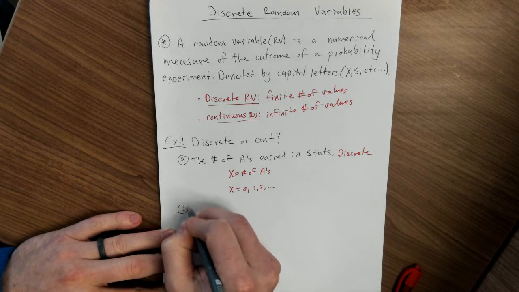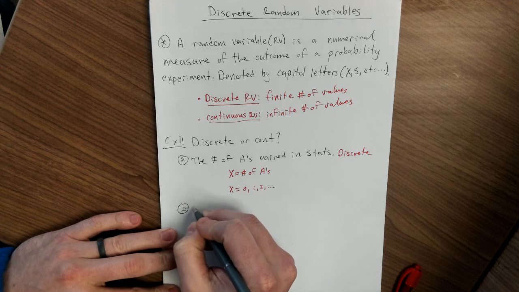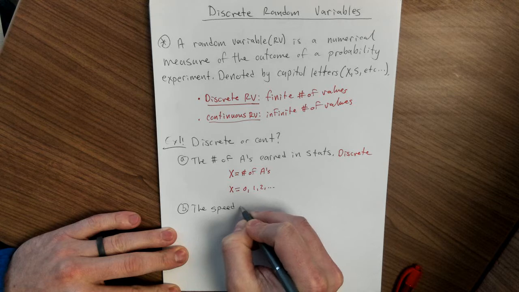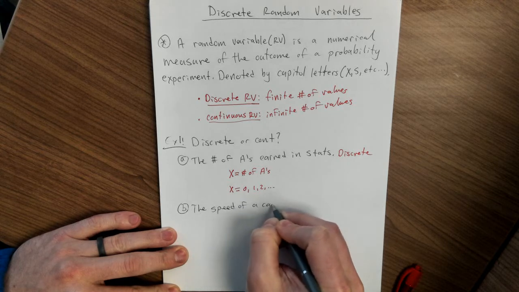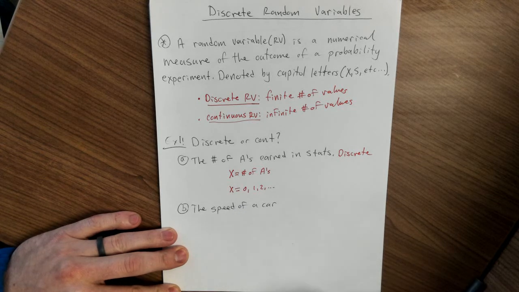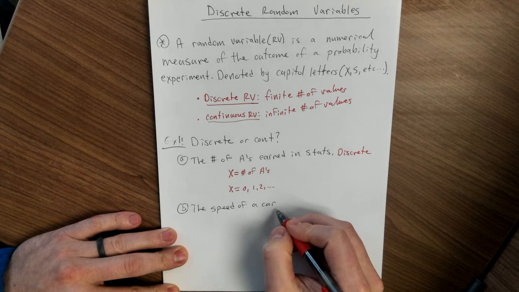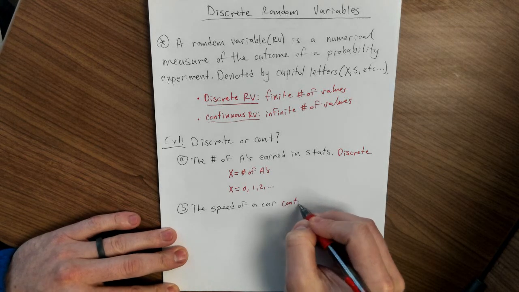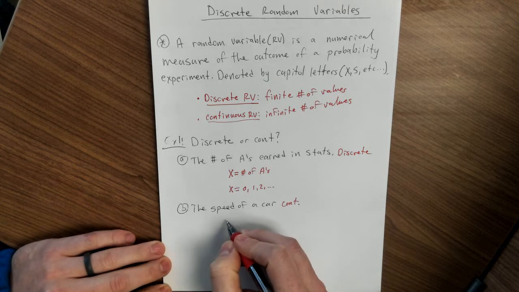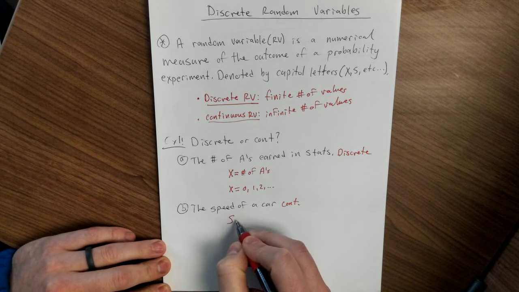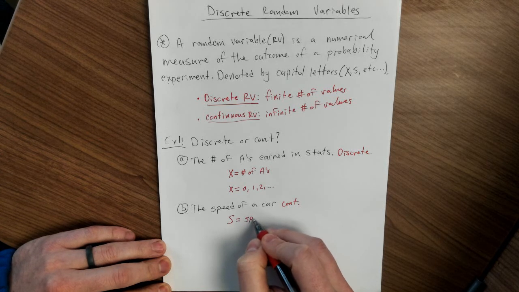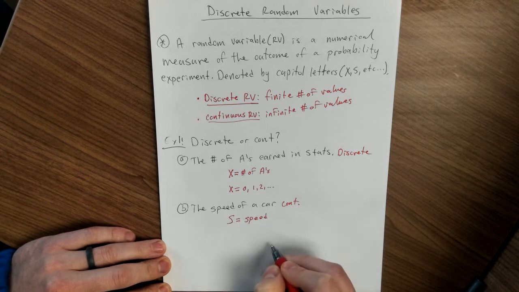Part B, let's just say the speed of a car. Alright, well, we need to label it as continuous or discrete, and this is continuous. Then we need to label this random variable. Let's call it S, since we're dealing with speed. And we'll say S is equal to the speed.